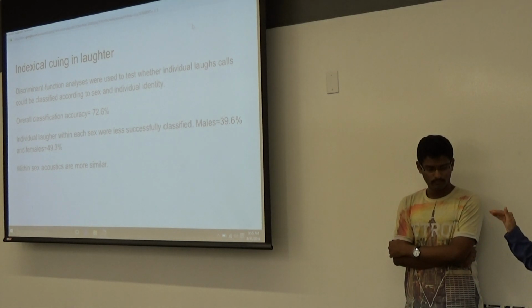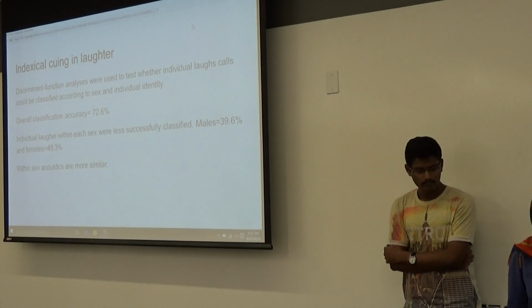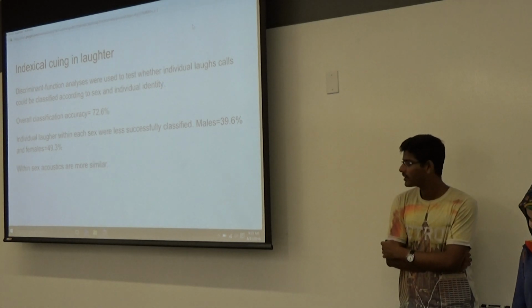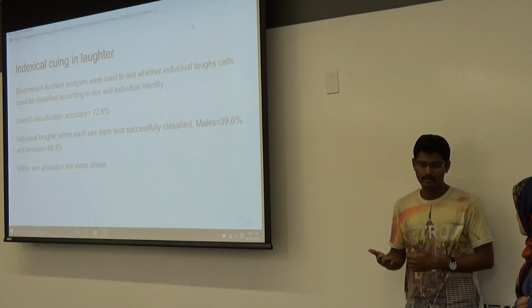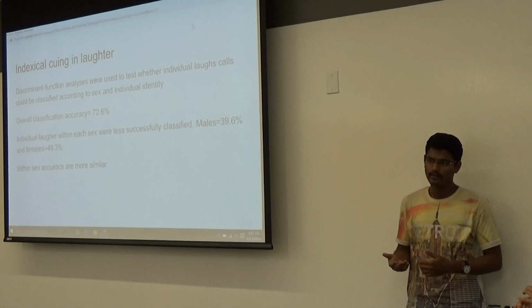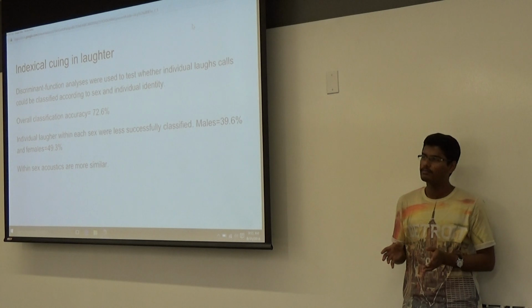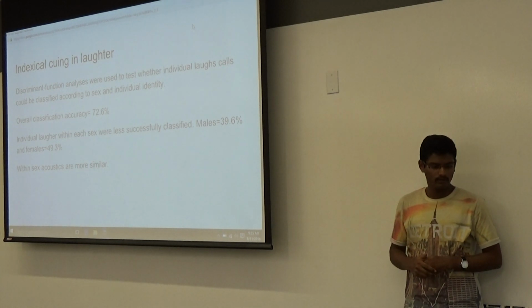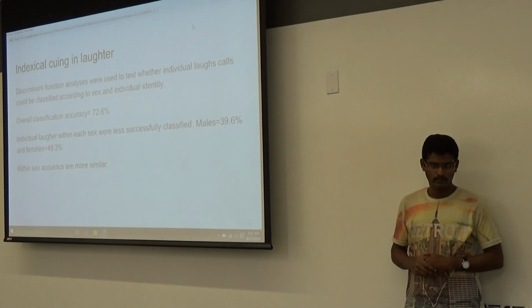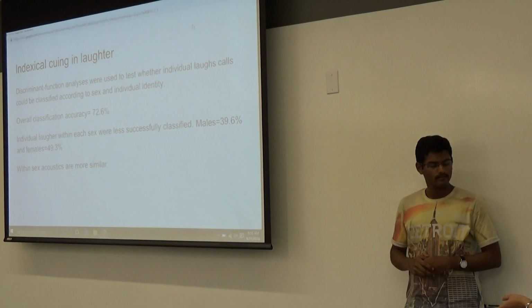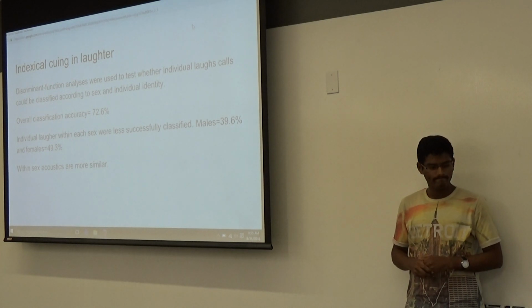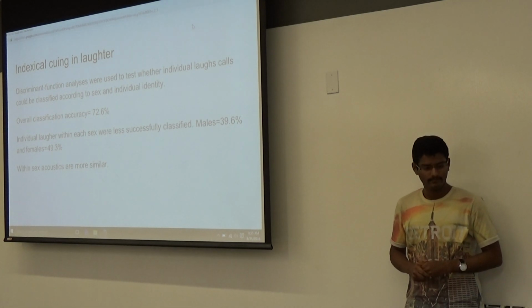So I think it's higher for individuals than for genders. I think in one case you were trying to classify between males and females, and in the other you were trying to classify between different individuals, so that's why the baseline was so low. That was something interesting.